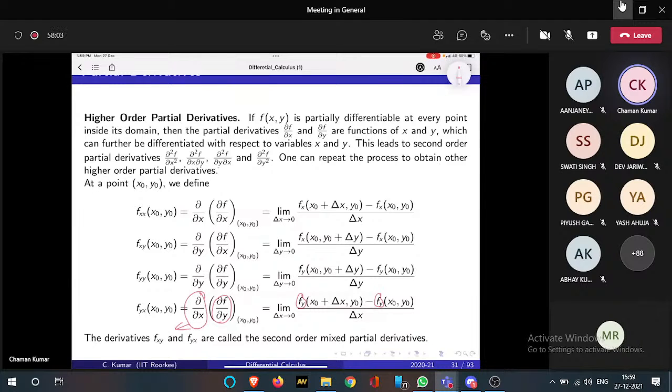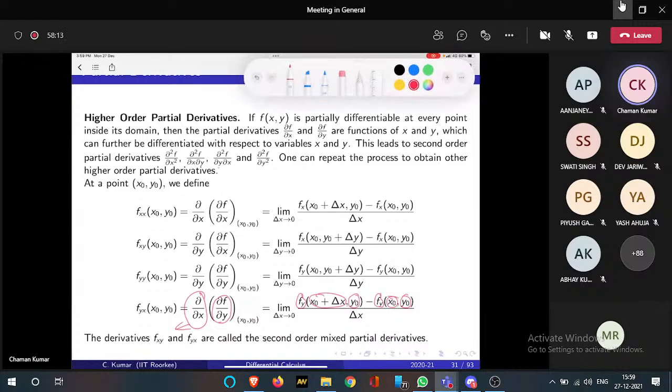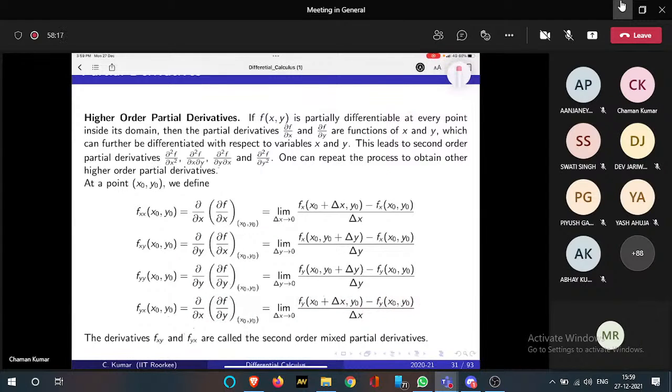So you fix y and change the value of x. This is how these second order partial derivatives can be defined, and these are called higher order partial derivatives.